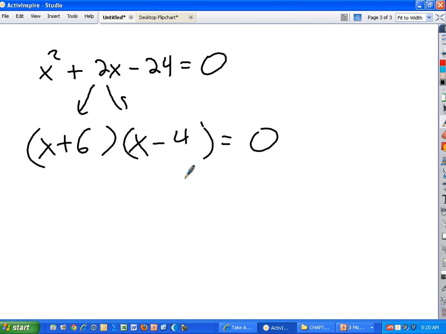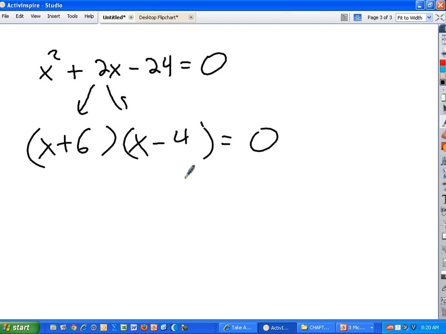If they're going to equal 0, what must the value of left hand or right hand equal? 0. Yeah. The value of one of those two factors has to equal 0. Either x plus 6 equals 0, or x minus 4 equals 0, because the product of the two is 0. And by the zero product property, that's the only way that could happen.